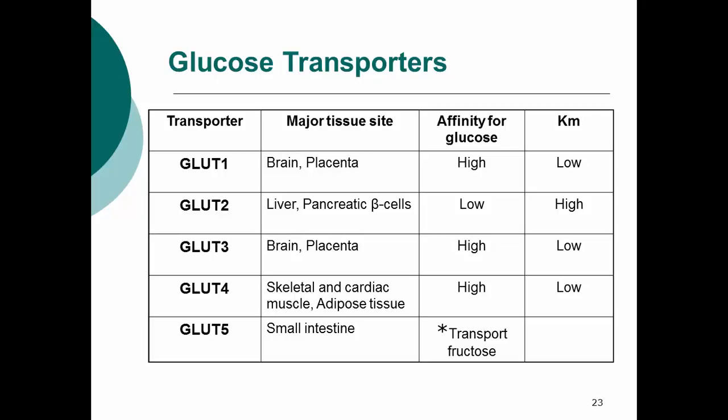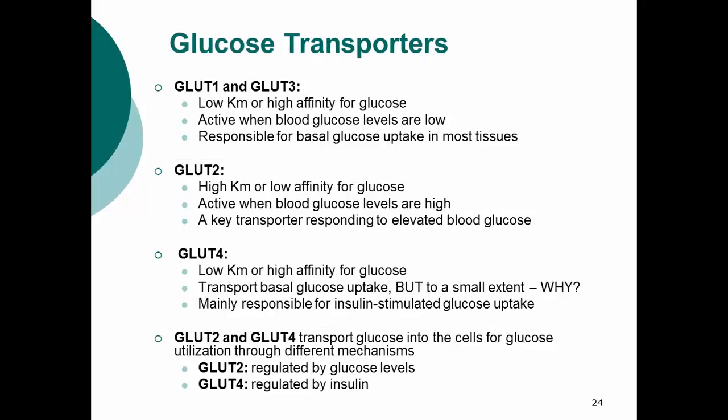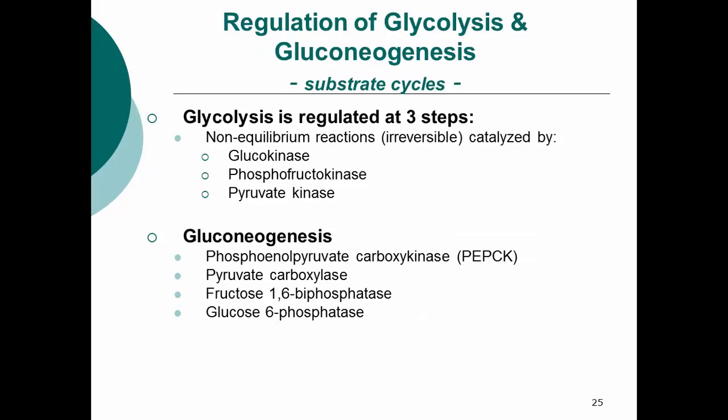So you probably want to understand why they are opposite, and which glucose transporter has a high affinity or low Km, something like this, right? We don't want to go into these details.